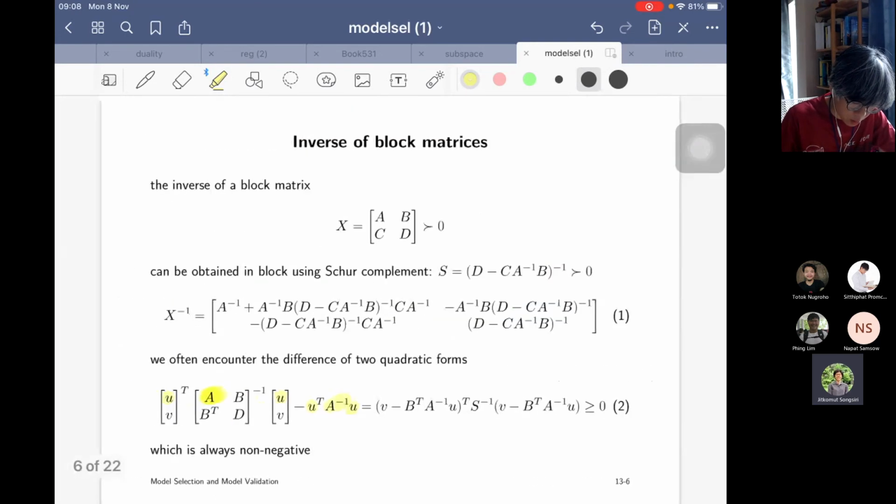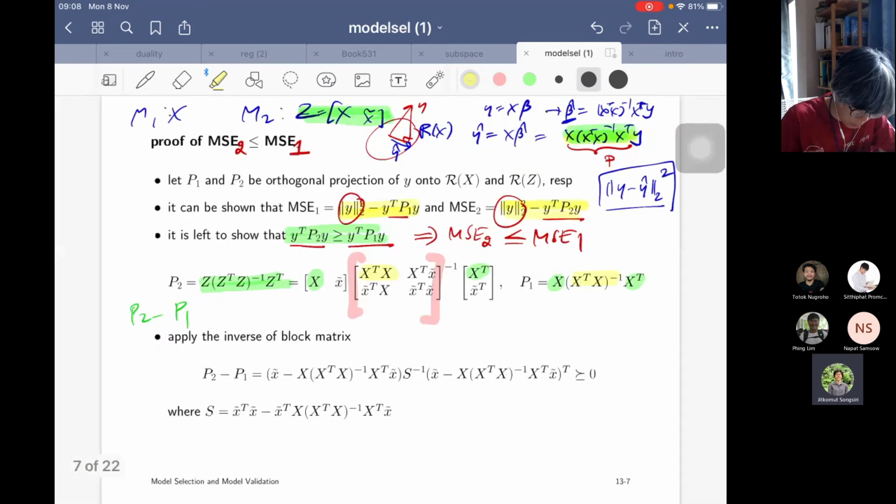I think it's not hard because we just apply this result. So P1, as you see here, is another quadratic form using X transpose X inverse, which is the one portion here.